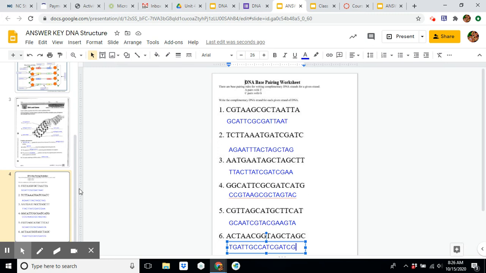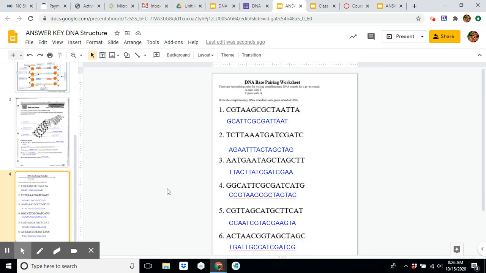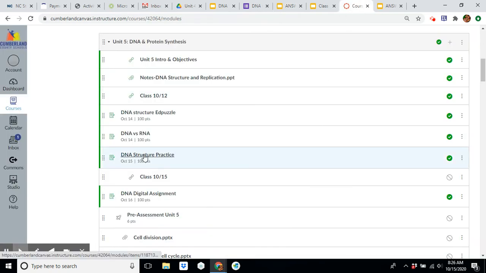Once you are finished with those, this assignment is finished, and then you can turn this in. What I wanted to do with this was make sure that you had an understanding of this before you submitted it, and we could talk it through so that it made a little bit more sense for you. Okay, so that was the DNA structure. Make sure you submit that today. Should be pretty easy. We just did all the answers together.